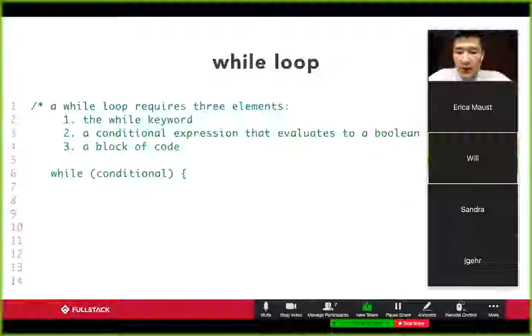If we take these one at a time, what the while keyword does is we start off every while loop with the while keyword. In most JavaScript code editors, if you type in the word while, you'll notice that it probably shows in a different color than the rest of your code. The rest of your code could be blue or white, and while might show up as red or green or some other color.